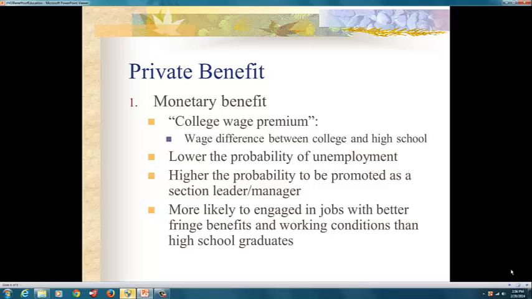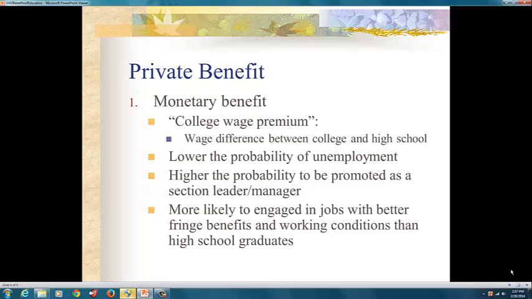Then you also have on the monetary side the lower probability of unemployment, so chances are you will be gainfully employed for the rest of your natural life. And then you have the higher probability of being promoted as a section leader or even a manager. With a secondary school level education, you may not be able to get promoted as quickly as someone with a university degree.